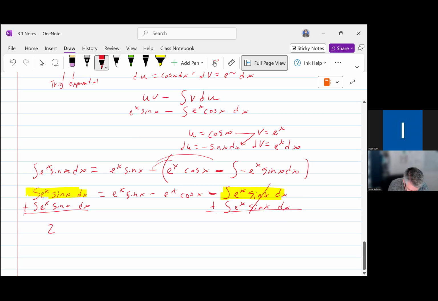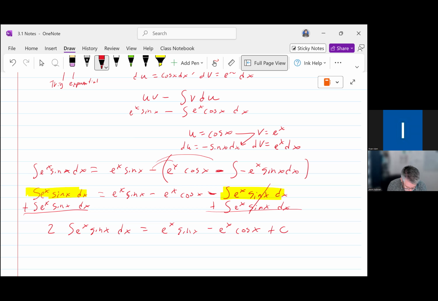So this becomes 2 integral of e to the x sine x dx. This equals e to the x sine x minus e to the x cosine x. I'm going to put a plus c there because everything on the right-hand side has now been integrated.